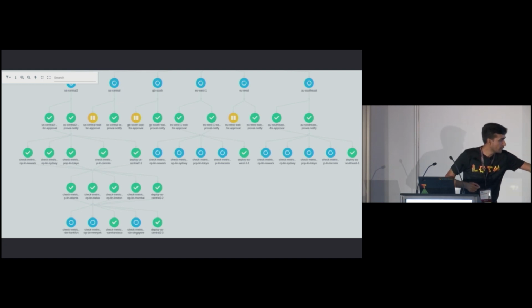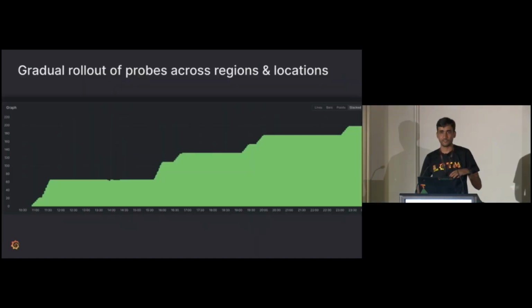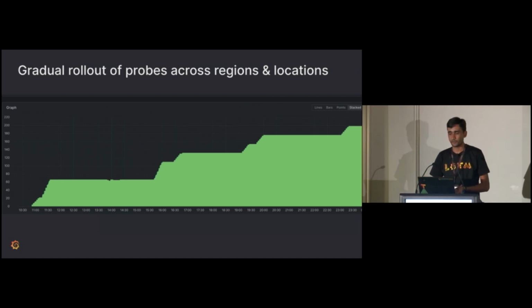So it went down, checked for more locations, and then it's deploying to more locations. And here you see around 11, one location of a region came up, and then slowly the whole region came up, and over a span of a few hours, we gradually rolled it out across this, right?